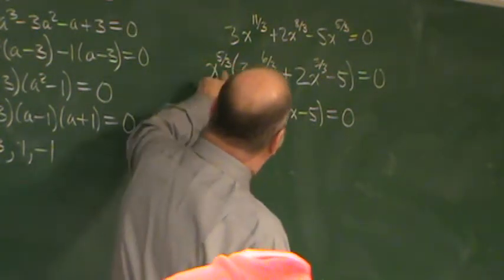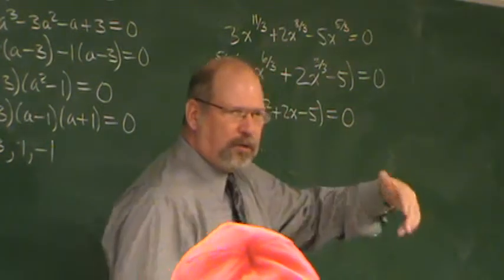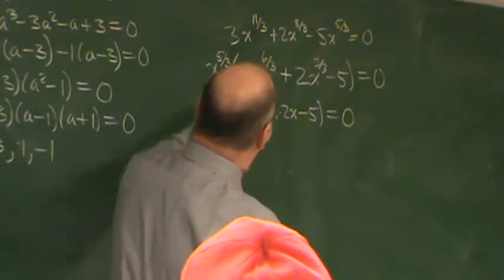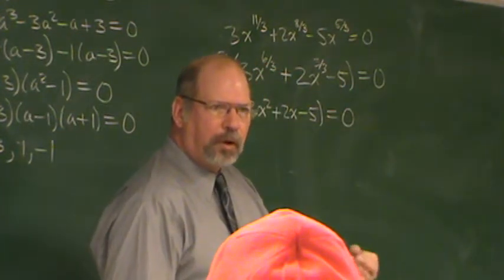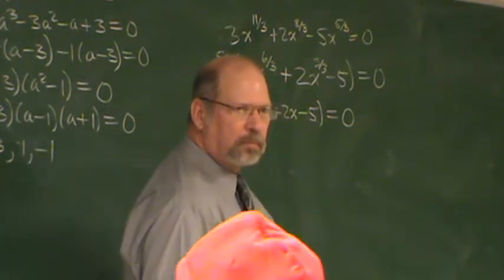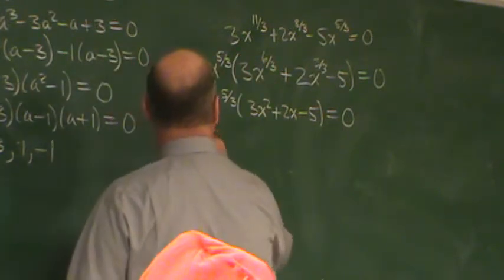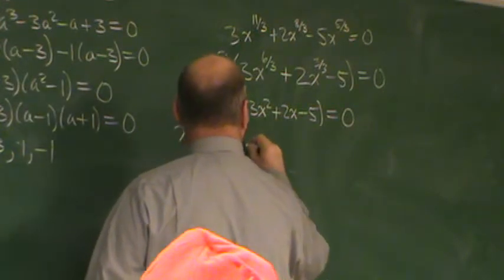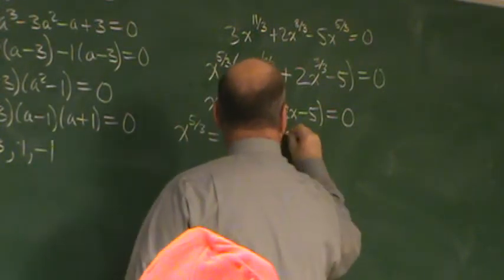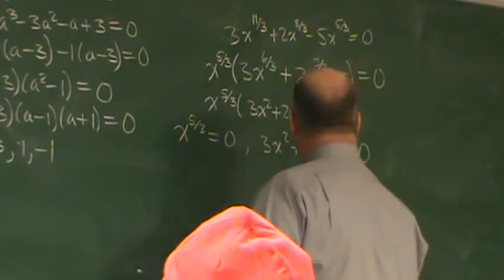Okay? What times x to the 5 thirds gives you x to the 8 thirds? In other words, 5 thirds plus what gives you 8 over 3? 3 over 3, or 1. Okay? All right, now, this tells us that x to the 5 thirds is equal to 0, or 3x squared plus 2x minus 5 equals 0.